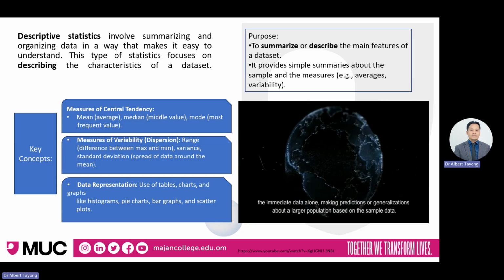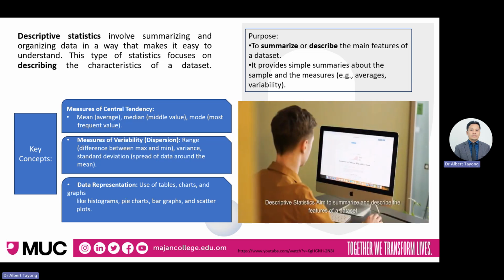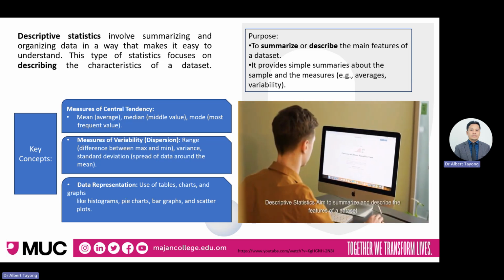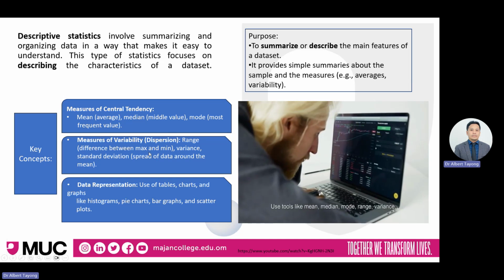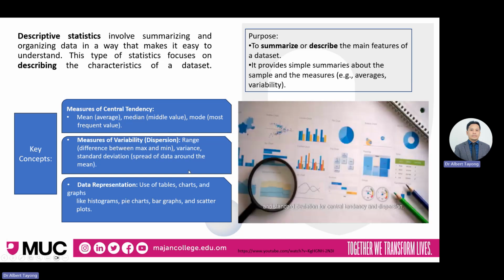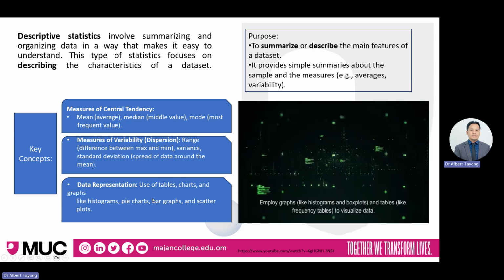Now, the measures of dispersion or variability consist of the range, the variance, standard deviation, and this also includes the minimum, the maximum, as well as the coefficient of variation, which we can talk about later as we move along.